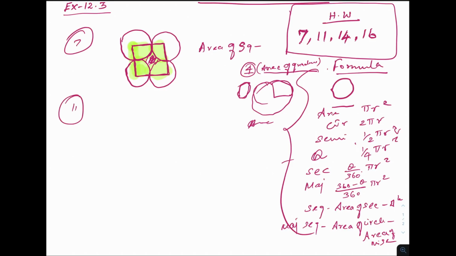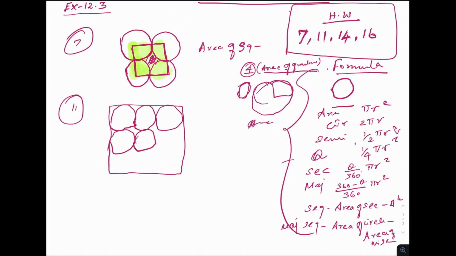Question number 11. There is a handkerchief which is in the form of a square and a design in such a way we get 9 circles, 9 circles we place, and each of radius 7 centimeter. Now here they didn't give what is the side of the square.